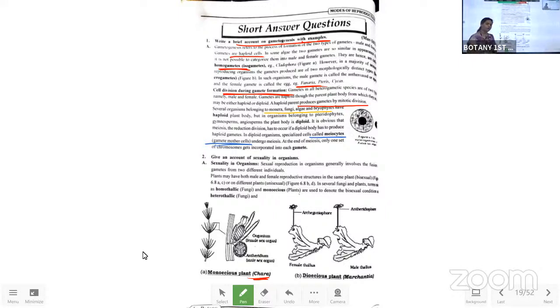And in the diploid organisms, meiosis occurs before the gamete formation. Then these gametes fuse to form a diploid zygote. Zygote undergoes a mitotic division to form a diploid plant body. This much we have to write and end this. Okay. And the next question is: give an account of the sexuality in organisms.